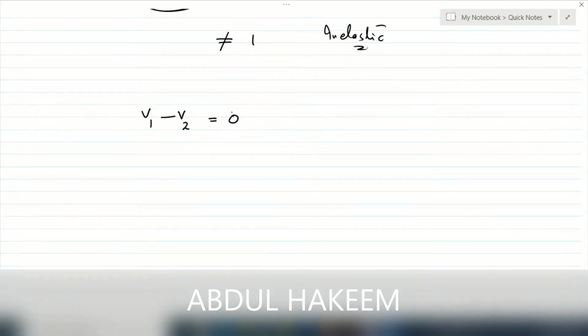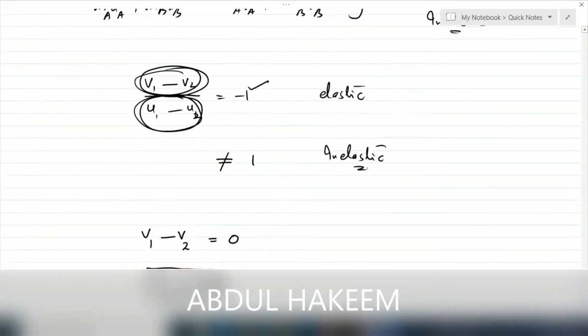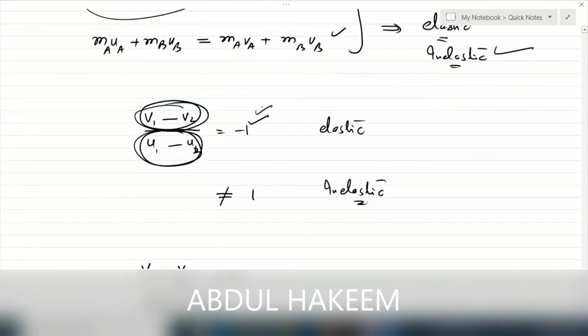So their velocity of separation is 0, which is the proof that v1 is equal to v2, meaning both are moving with the same velocity. So it is confirmed that if the objects are not separated, then the collision will be inelastic. If they are separated, then we will apply the equation whether the answer is coming minus 1 or not. Okay.